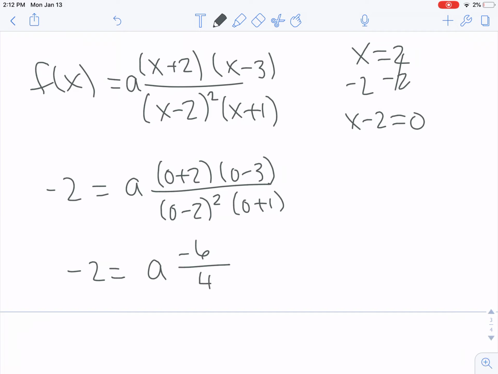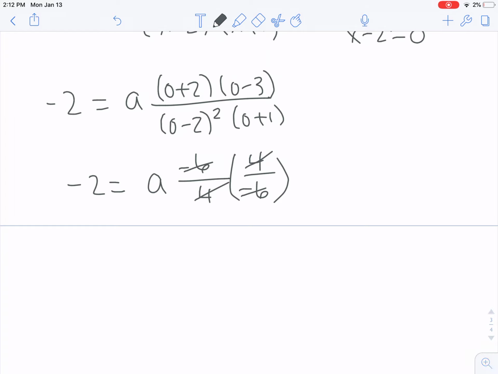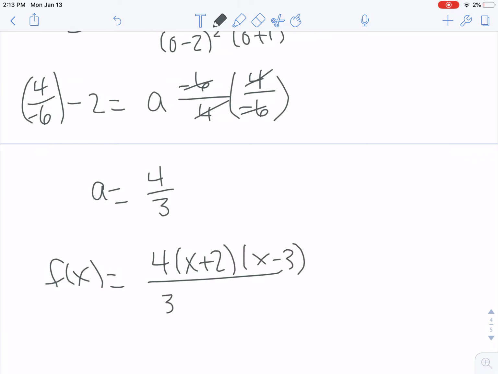To solve for a, you multiply by the reciprocal, 4 over negative 6, and you do the same thing to the other side. That tells you that a is 4/3. So your final equation is f of x equals 4 times x plus 2, x minus 3, over 3 times x plus 1, x minus 2 squared.